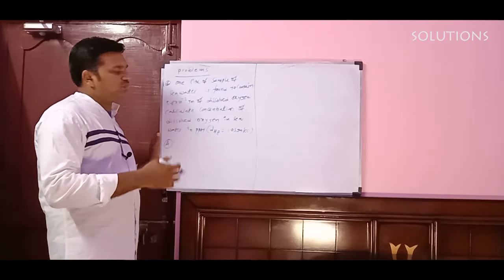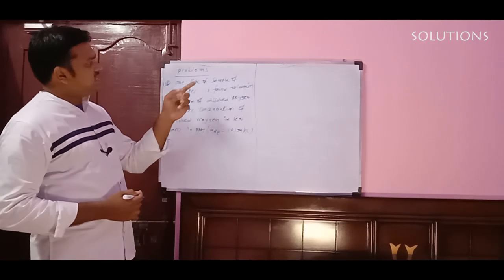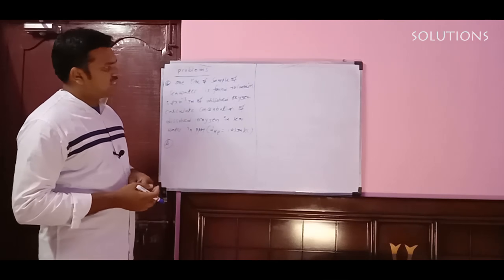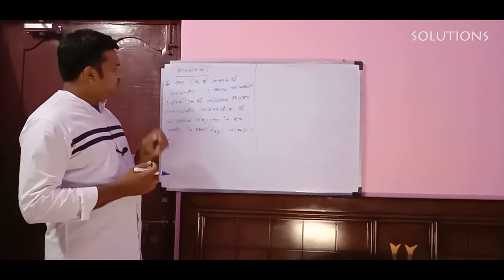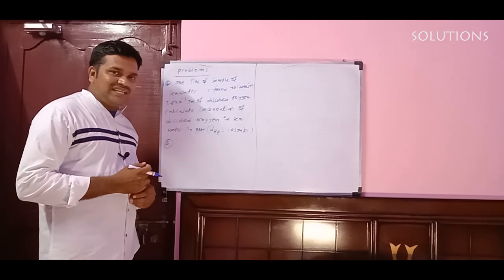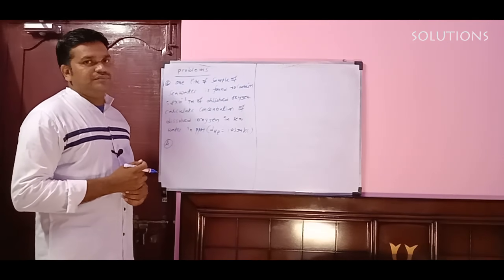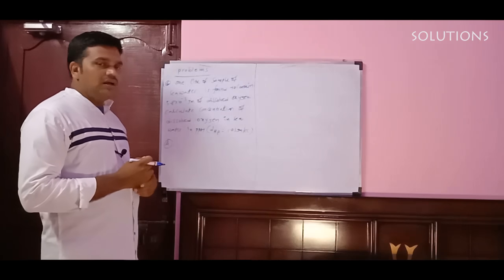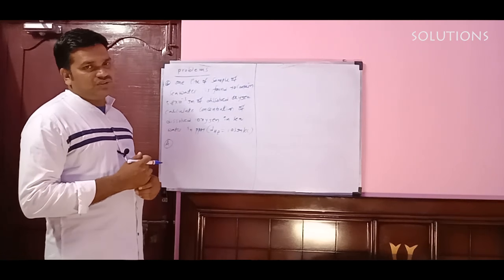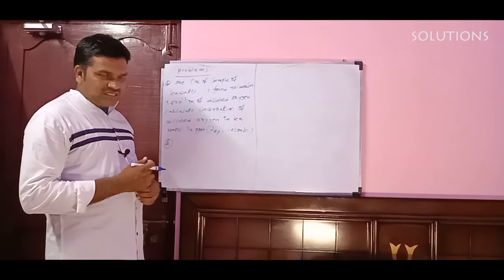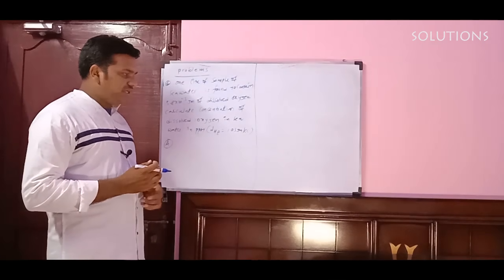Once again I am repeating the problem. 1 liter of a sample of seawater is found to contain 5.8 into 10 power minus 3 grams of dissolved oxygen. Calculate the concentration of dissolved oxygen in seawater in ppm.